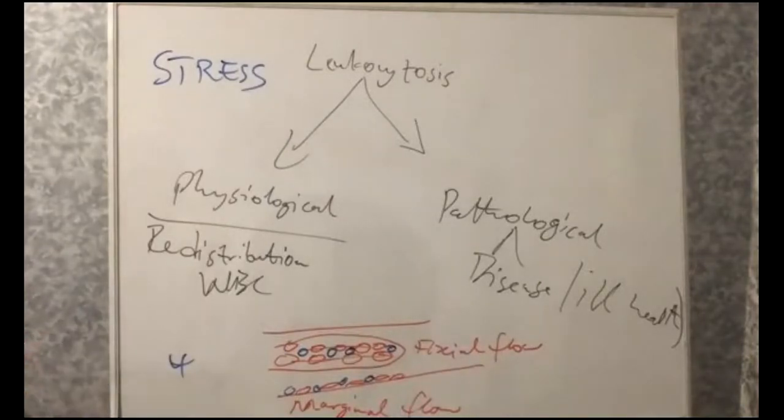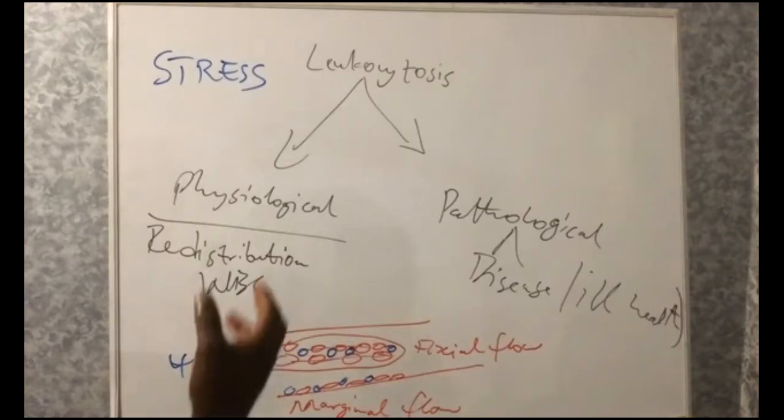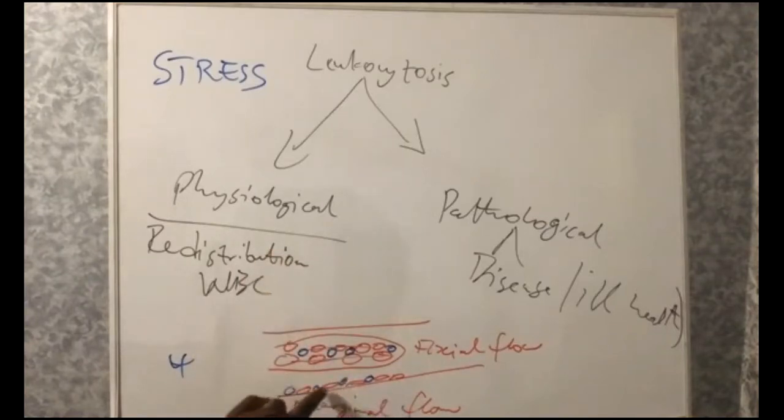However, in some physiological states, for example, when the person has finished eating, or when a person is undergoing a stressful event, what happens is that not only the marginal flow, but even white blood cells stored in the bone marrow and other lymphoid tissues move and get into the axial flow.